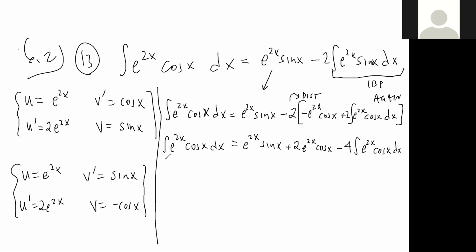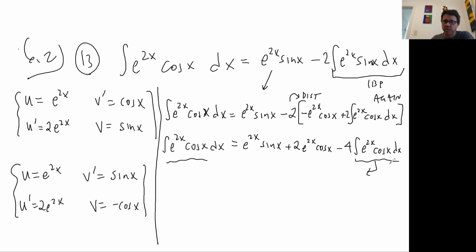So what I want to do is combine these two things together. So I basically take this term and move it to the other side. The whole thing, which looks weird, but this is one of the few cases we do this. If I have 1 copy of the integral here, and I've got 4 copies of the integral here subtracted, when I move it over, I want to add 4 copies of the integral to this side.